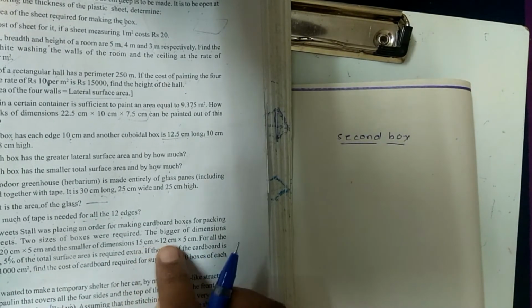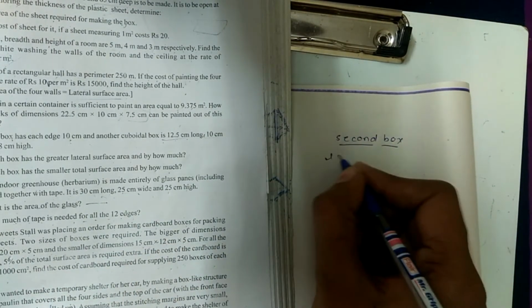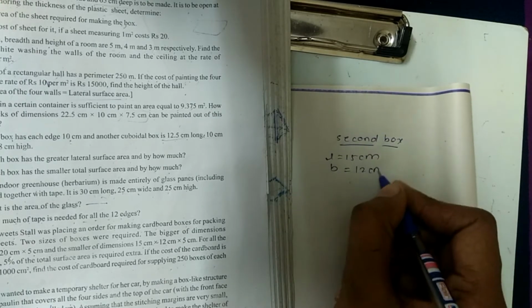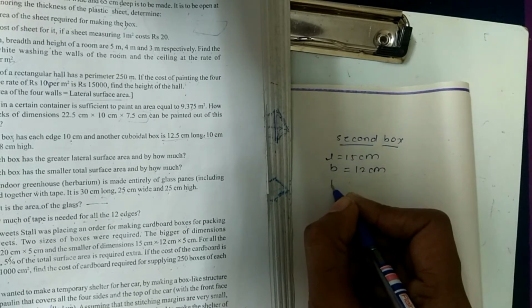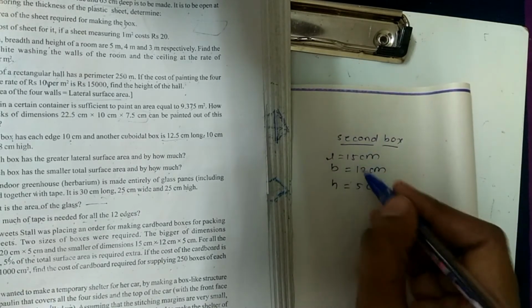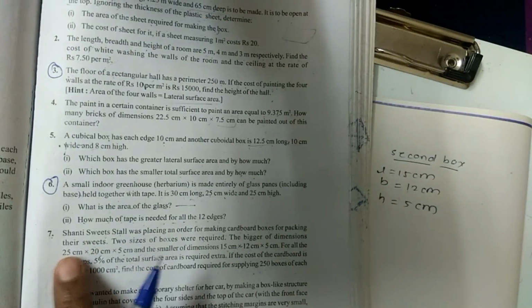Similarly for the smaller box we will write 15, 12 and 5. Length is 15 centimeter, breadth is 12 centimeter, then height is 5 centimeter. So 15, 12 and 5 for the smaller box, and 25, 20 and 5 for the bigger box.